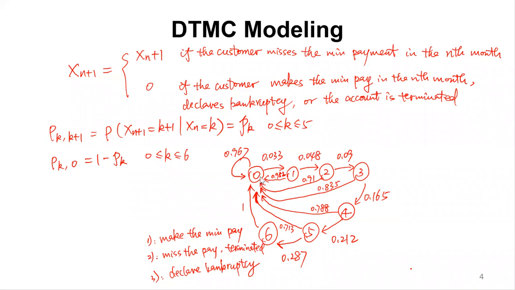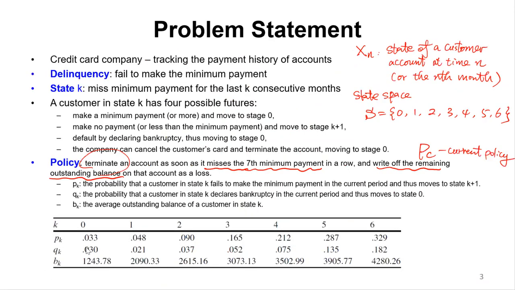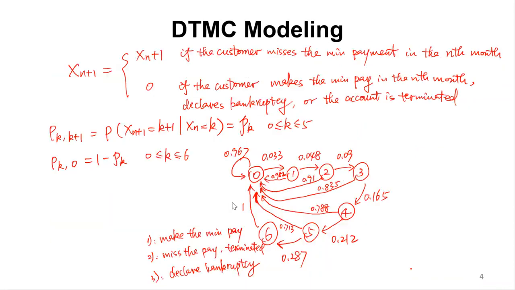You see here, in state 0, there is a 0.033 probability to make the transition to 1, and 1 minus P0, which is 0.967, to stay in 0. If it is in state 1, then we have 0.048 to go to state 2, and 0.952 to go to state 0.